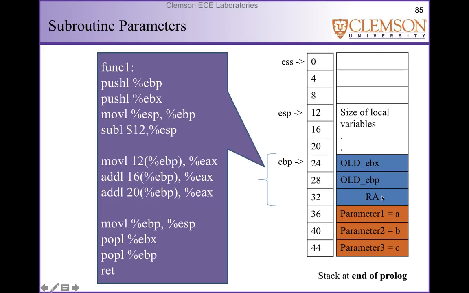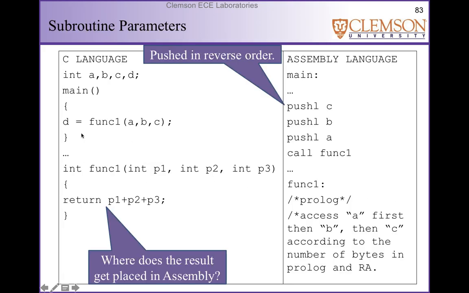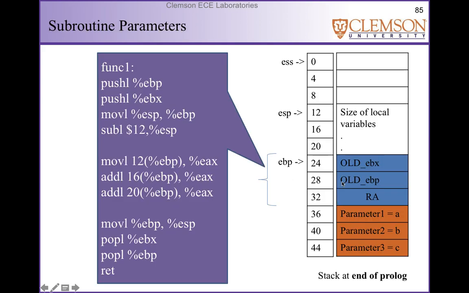That means you have to store the return address, the next line after the function call, and then you start with your prologue. You push EBP, push EBX, move ESP to EBP, and then you subtract 12 from ESP to make space for your local variables.